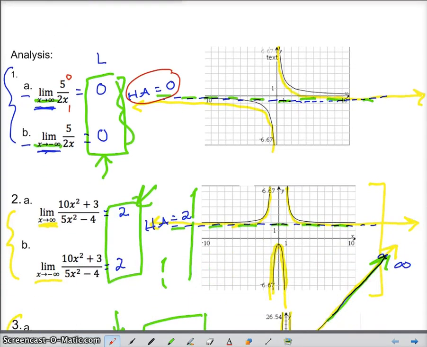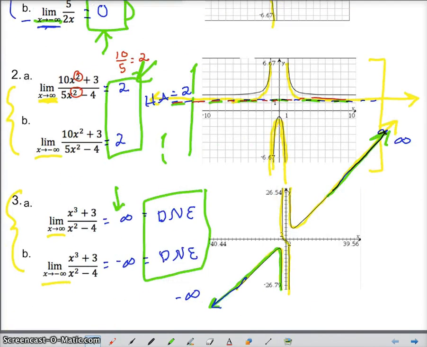In 2a and b, the degree of the numerator was 2 and the degree of the denominator was 2. Because the degrees are equivalent, the ratio of the leading coefficients, 10 divided by 5 equals 2, was our horizontal asymptote and thus our limit. Lastly, number 3, the degree of the numerator was 3 and of the denominator was 2.